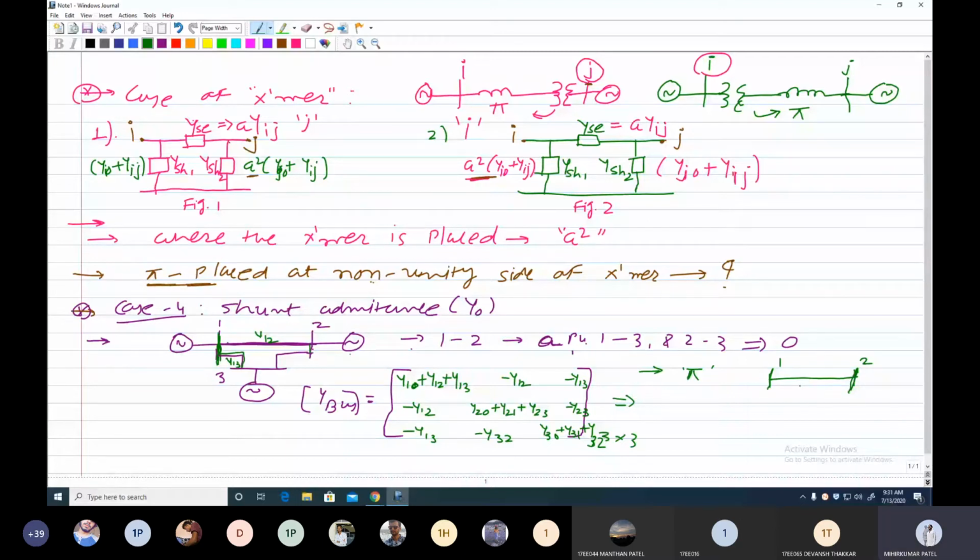Then what will be the value of this A? Can anyone say? You can refer to figures 1 and 2 if the pi model is given. We are considering the pi model for our transmission line model, so we can draw the equivalent circuit.